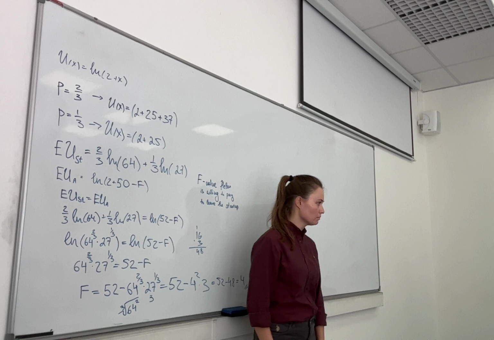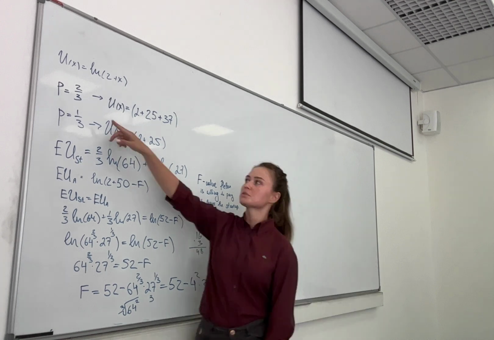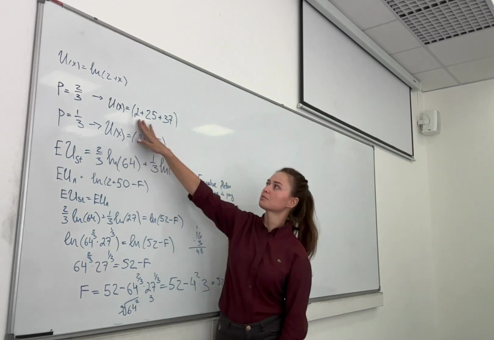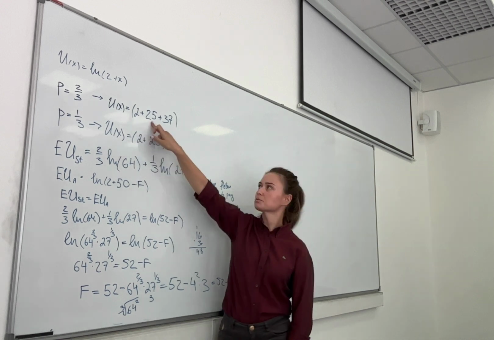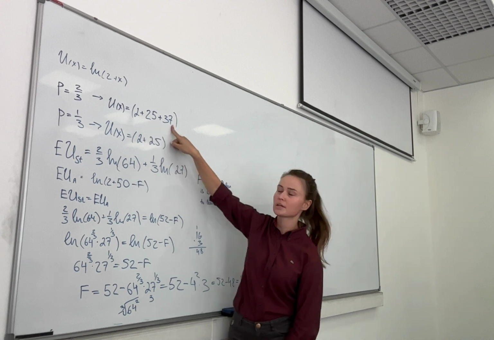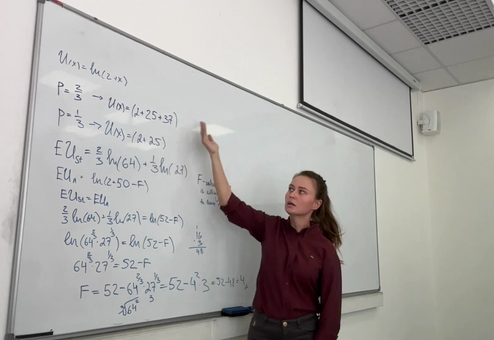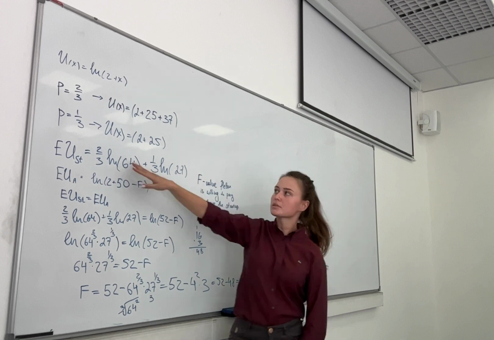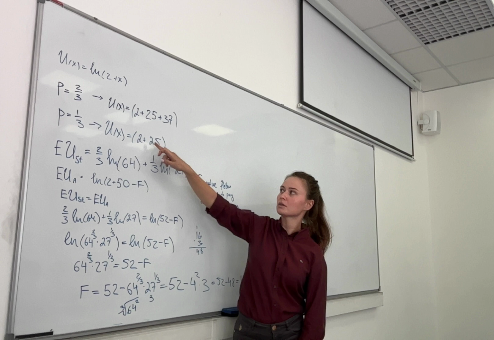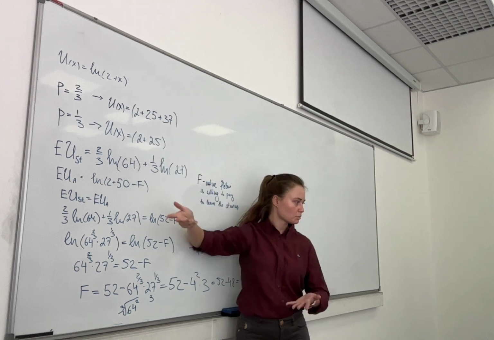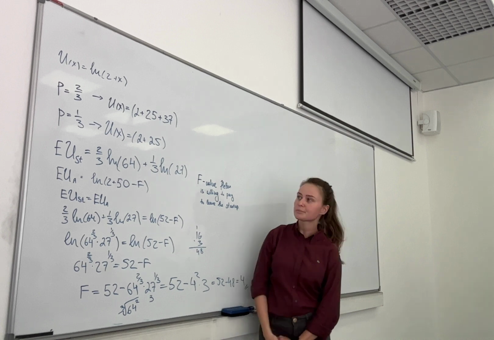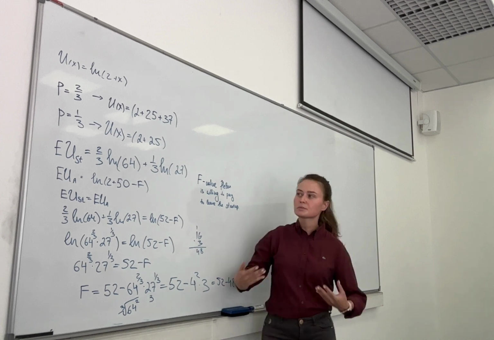Agree? So with probability 2/3, we will have our fixed part of compensation plus 37 because our startup is successful. In the other situation, if it is not successful, we will get only our fixed compensation plus 0 without any other part.